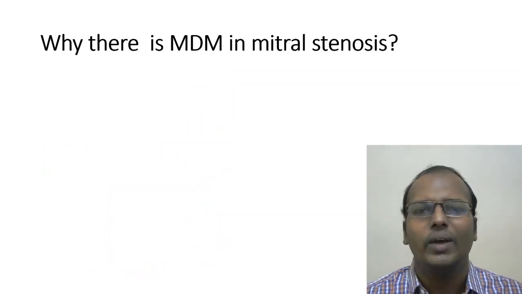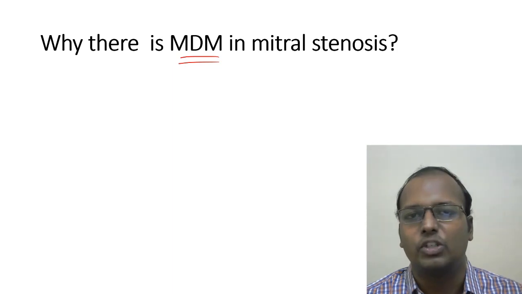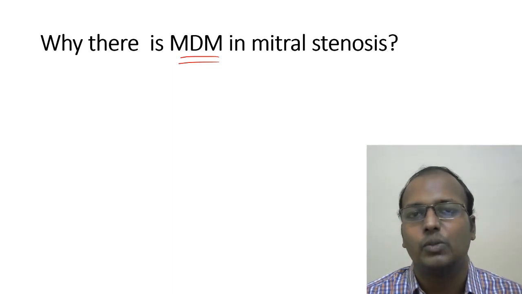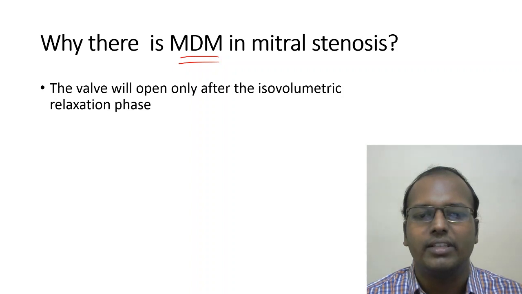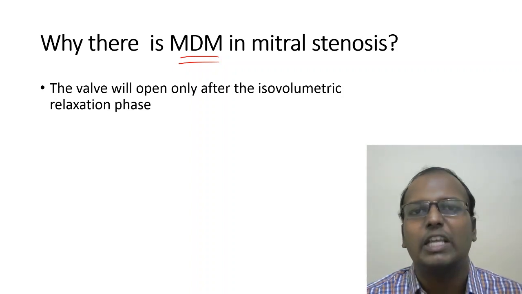So why is there a mid-diastolic murmur in mitral stenosis? There is only one cause. There is the isovolumetric relaxation phase. We already saw in the diagram from Guyton. There will be an isovolumetric relaxation phase, then only the valve can open and the murmur can come.